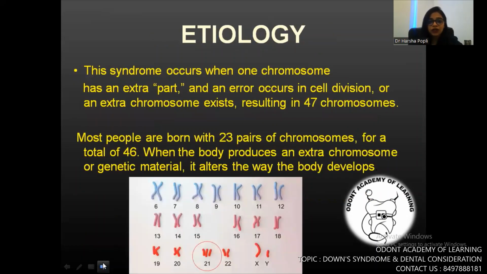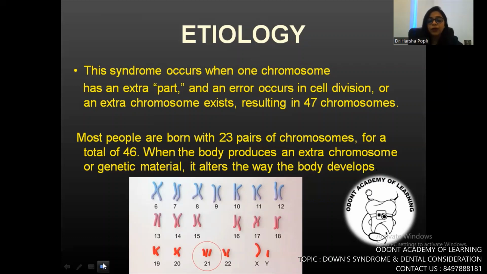Coming to its etiology, this syndrome occurs when one chromosome has an extra part, or an error occurs in cell division, or an extra chromosome exists, resulting in 47 chromosomes. So basically we are born with 23 pairs of chromosomes, which means a total of 46.